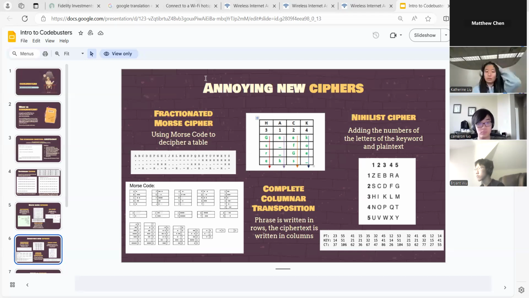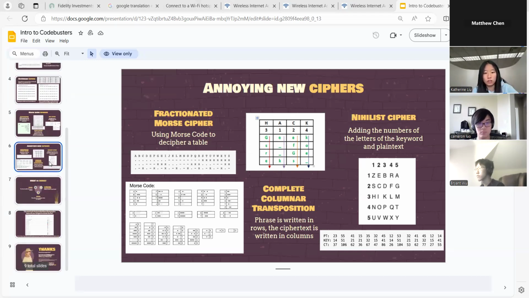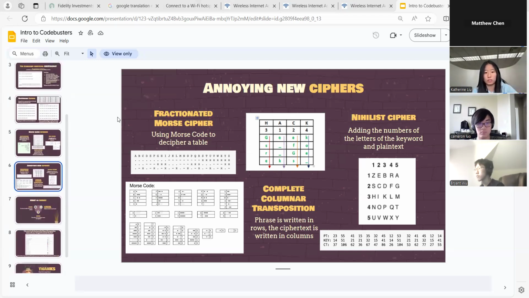So from left to right, fractionated Morse is: there are three possible values in Morse code, which are dots, dashes, or the X's that denote one would denote the space between letters, two would denote a space between words.